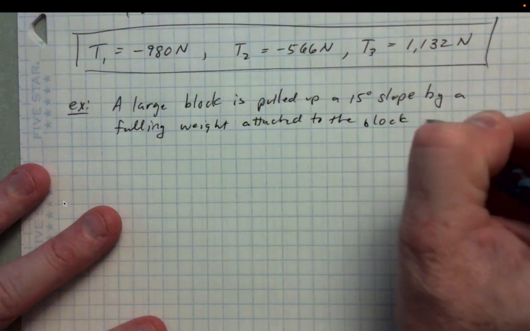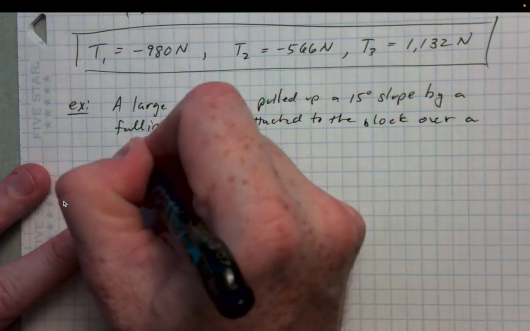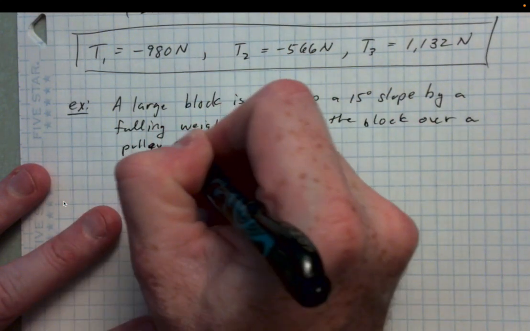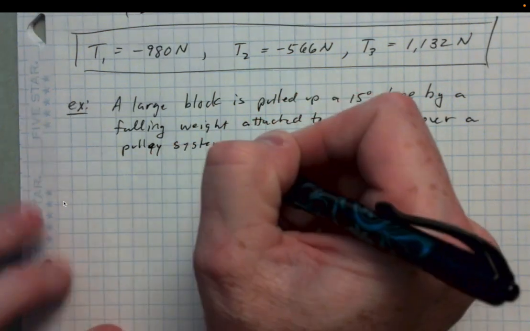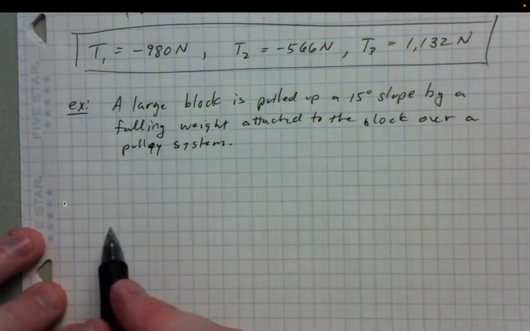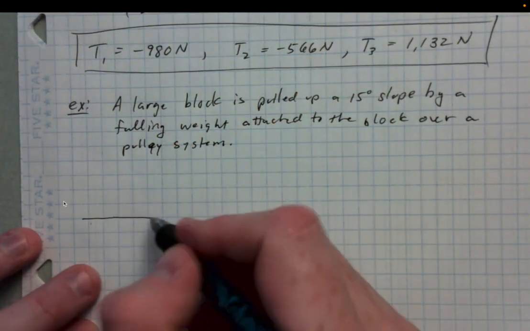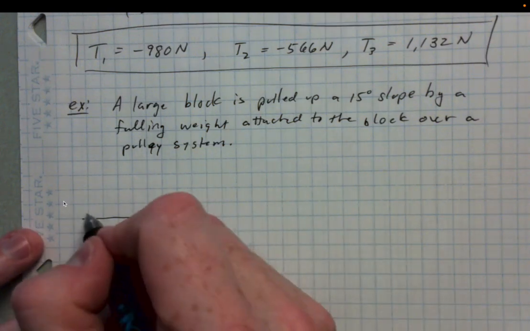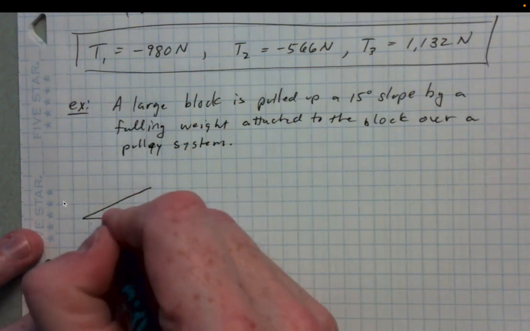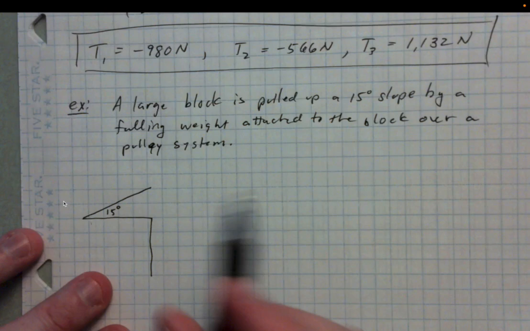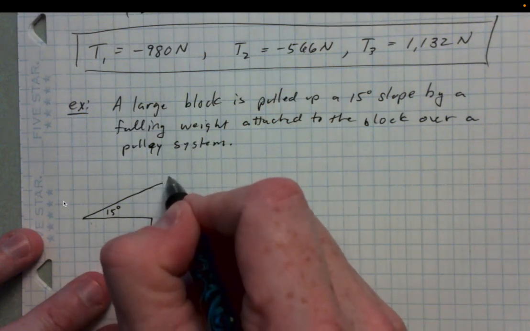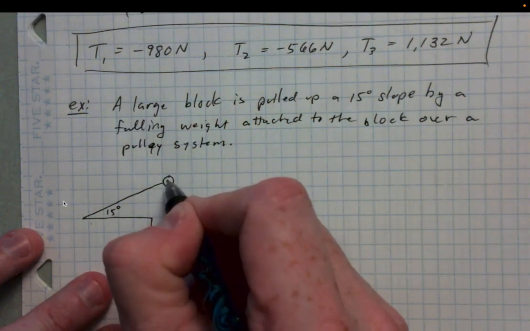Attached to the block over a pulley system. Okay, so let's draw a picture here. What are we talking about? Well, we've got some kind of a ledge like this, and we've got some kind of an incline, and we're told that it's 15 degrees, right? And so then we've got maybe some kind of a pulley system here at the end.